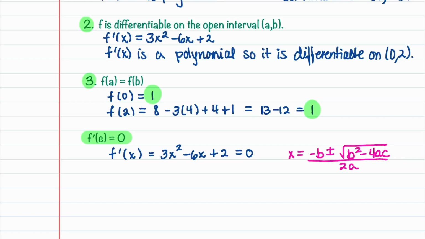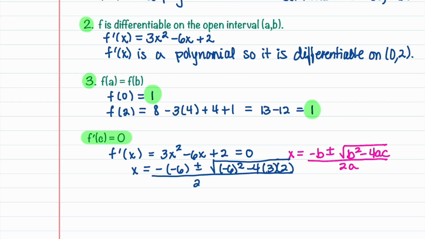Let's now apply that. We have x is equal to negative b, so that's a minus 6, plus or minus the square root of b squared, so that's minus 6 squared, minus 4 times a, which is 3, and then c, which is 2. And we divide all of this by 2 times a, which is 2 times 3.